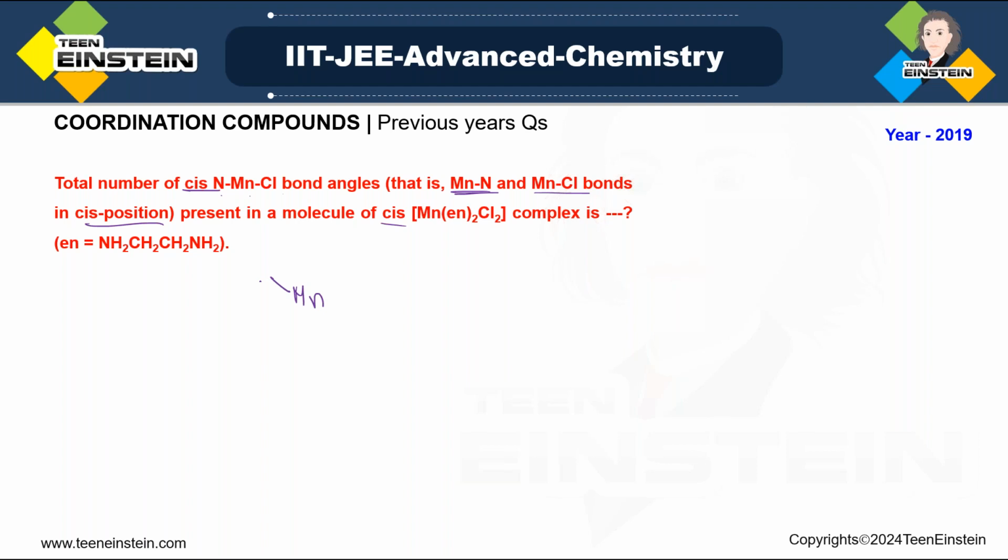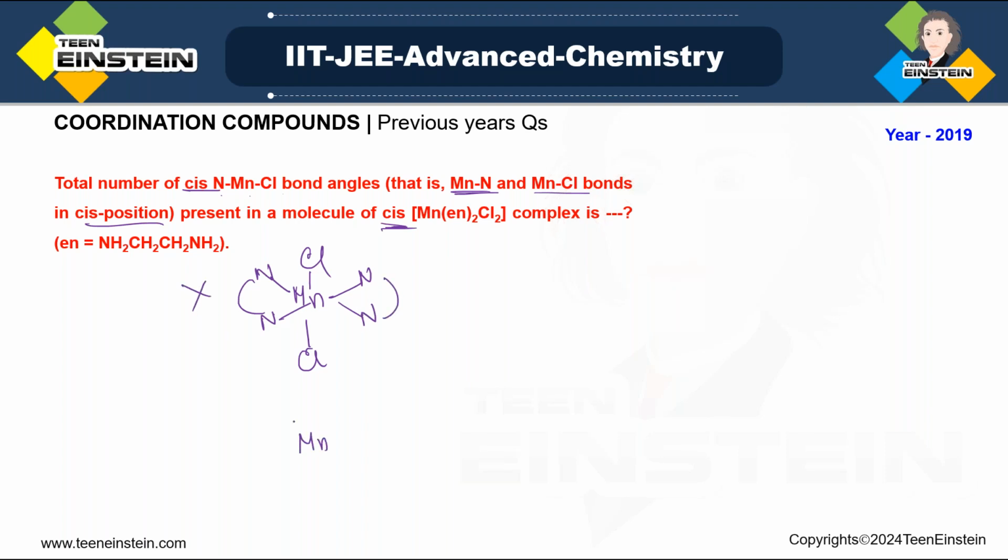En2 means what? They will always be in cis position, right? Remember, it has already mentioned it is cis. So if you are drawing like this, it will be completely wrong. It is not the correct picture.